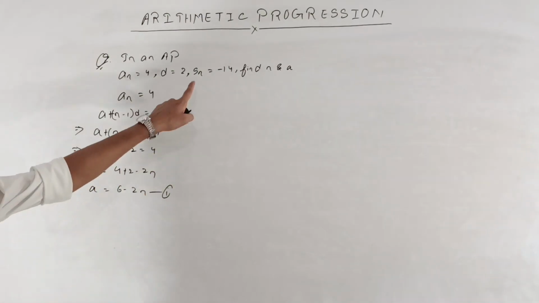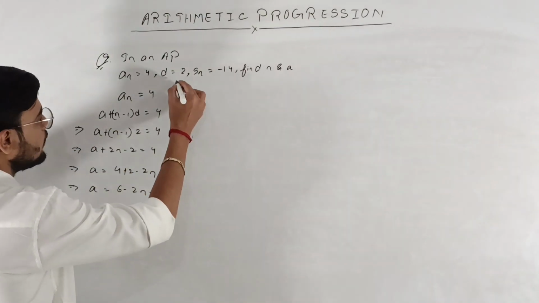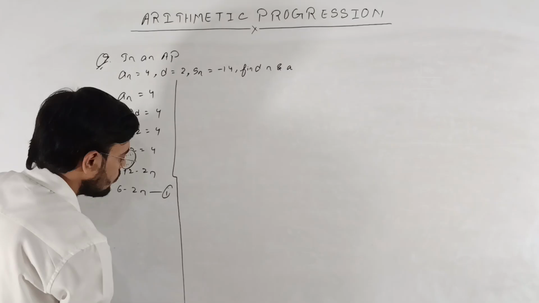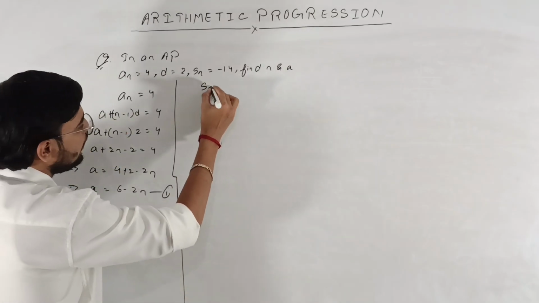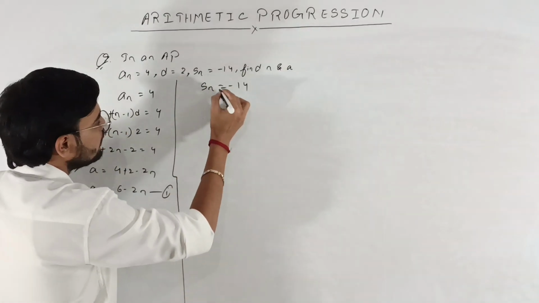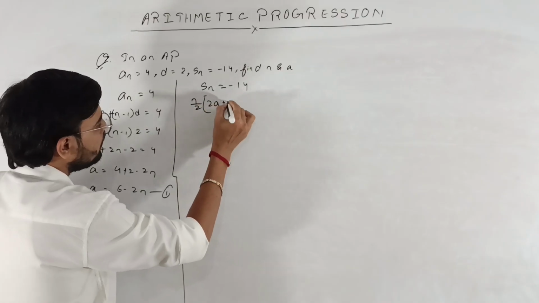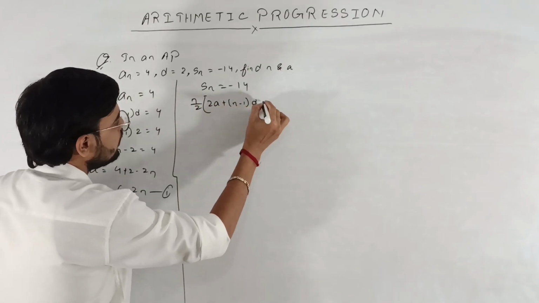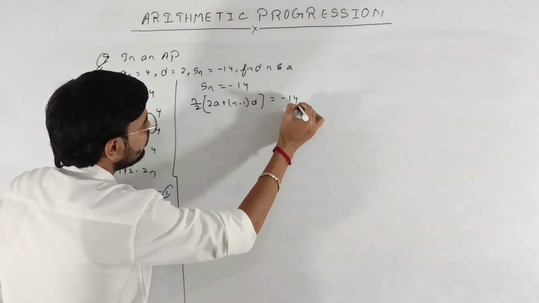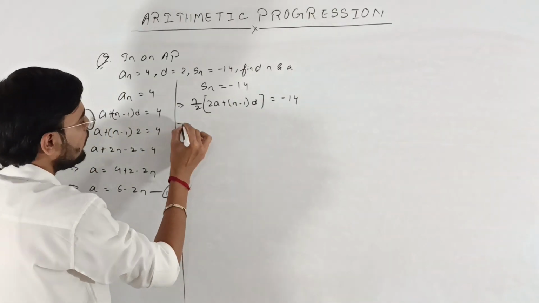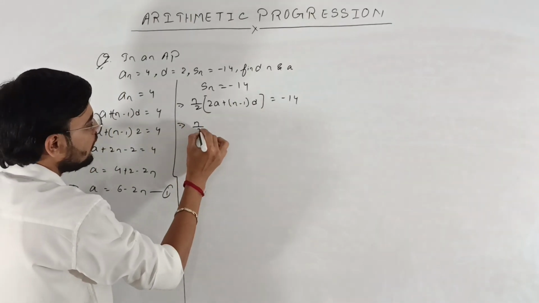Now again, what is given? Sn is also given, it is minus 14. So here Sn is equal to minus 14. Now Sn is what? n upon 2, 2a plus n minus 1 into d is equal to minus 14. This is given. Now put the values. We don't have n, so I write only n upon 2.